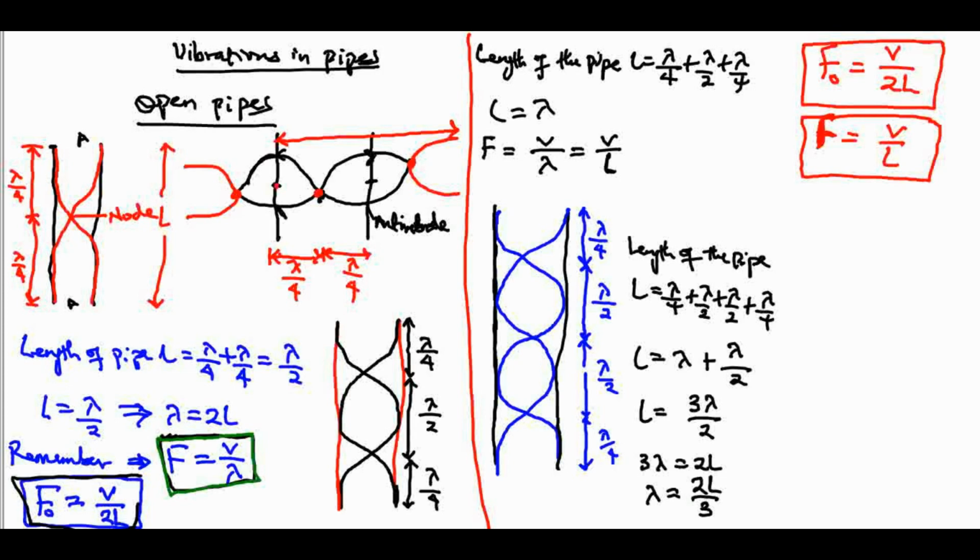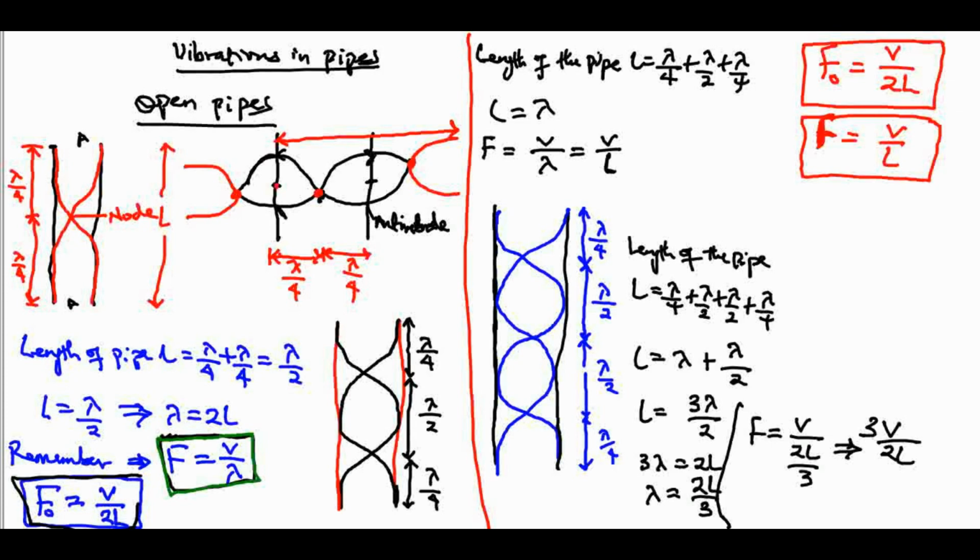And if we substitute that into what we have in the green box, we are going to have that F is equal to V over 2L over 3, and that will become 3V over 2L.